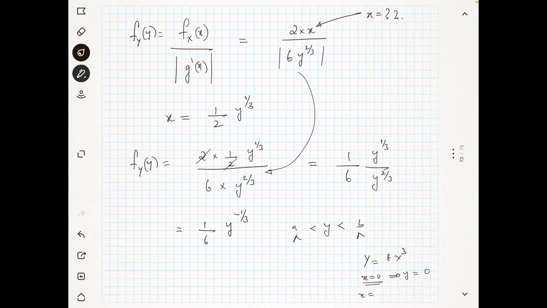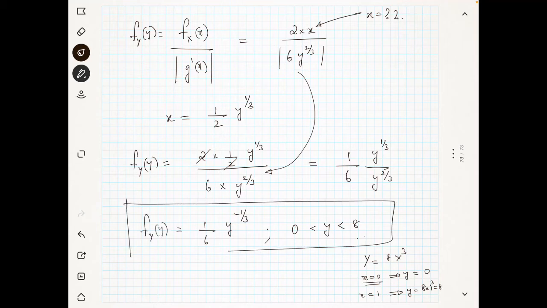When x is equal to 1, your y will take the value 8 into 1 cubed, which is 8. So your y will have a value in the range 0 to 8. So this is very important. So this is your fY(y), the distribution of fY(y). This is very easy to find out if you know how to take the differential of a function.